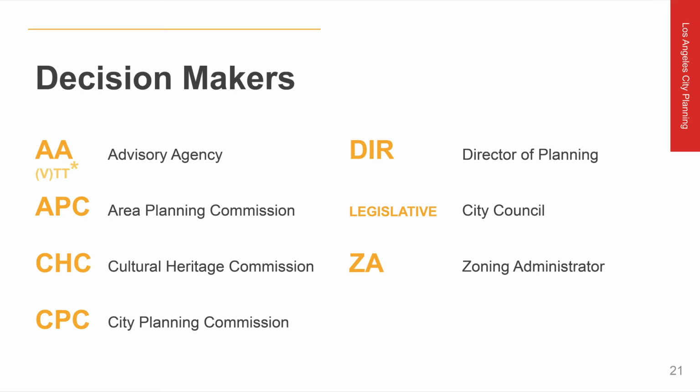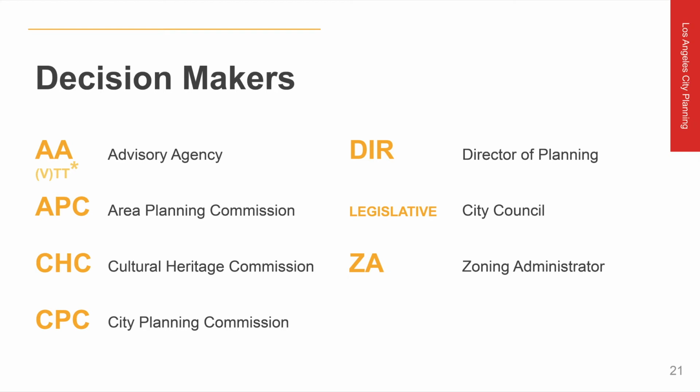In Los Angeles, we have seven area planning commissions: North Valley, South Valley, West Los Angeles, Central Los Angeles, East Los Angeles, South Los Angeles, and Harbor, which consider cases within their assigned geographic area. Members of these commissions are appointed by the mayor and confirmed by the city council.